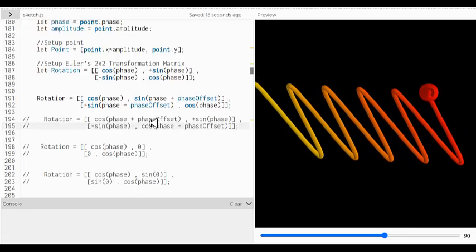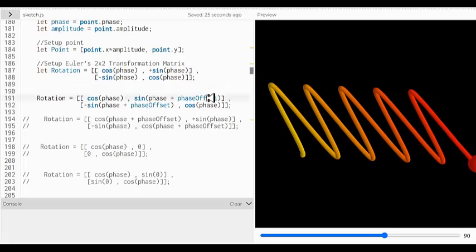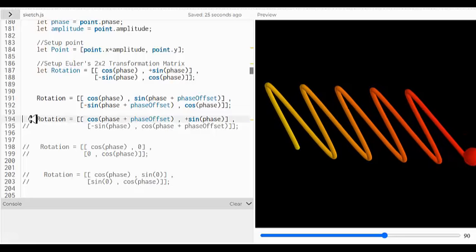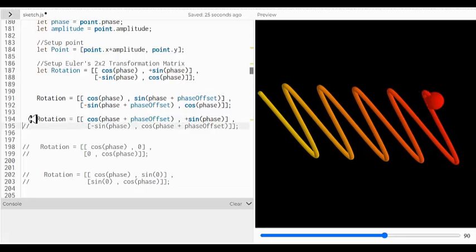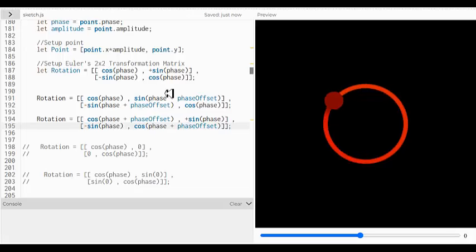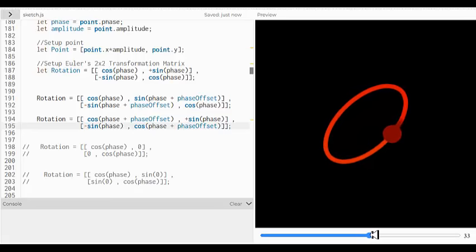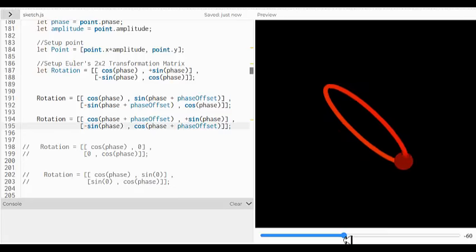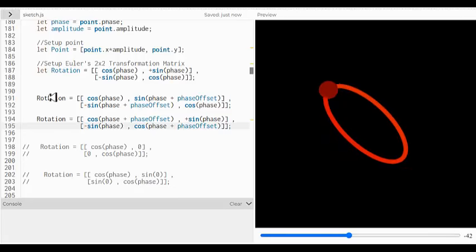The next thing we're going to do is apply this phase offset from the slider bar to the cosine term on the forward diagonal instead of the sine term on the backward diagonal. Okay, so here is what we get. We start out similar to before, only now when I go towards positive 90, the ellipse is angled to the right, and when I go to minus 90, it goes to the left.